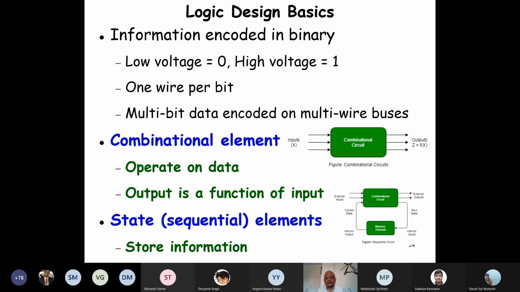But then we'll also deal with another type of logic gates, which are called sequential logic gates or state-based logic elements. And here, the output produced by these elements is not really a function of the input, because there is another input you can see.